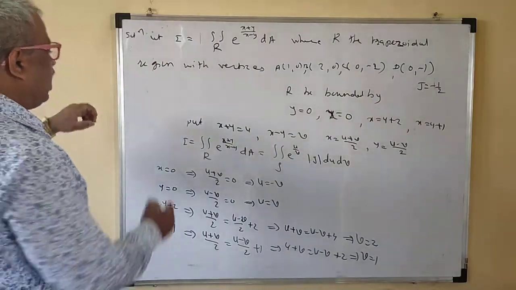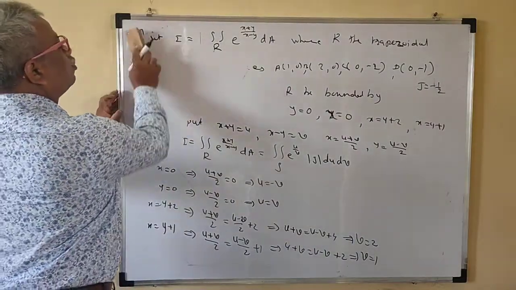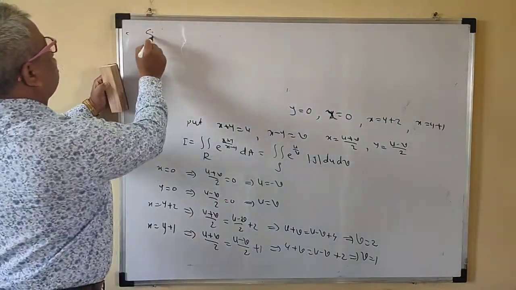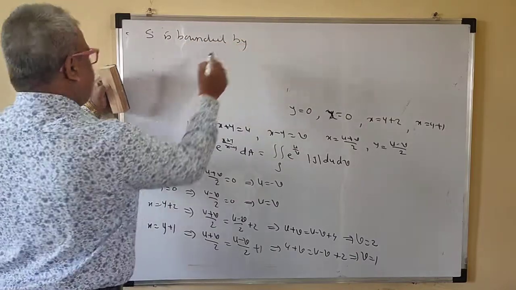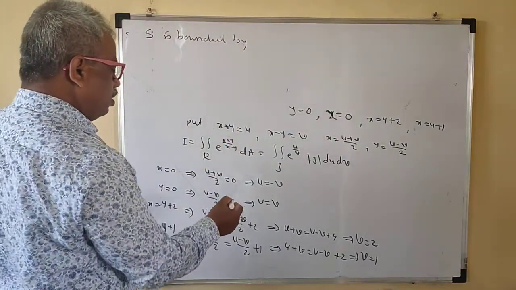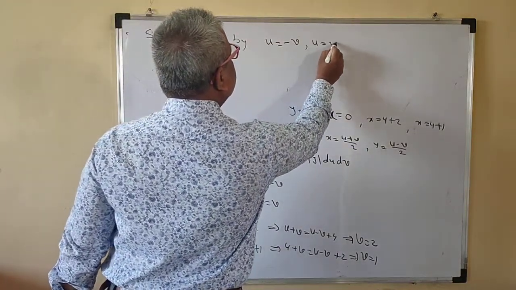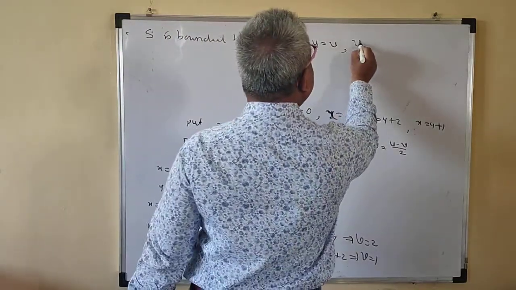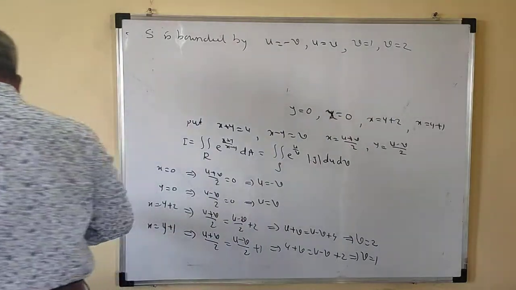So that means S is bounded by u is equal to minus v, u is equal to v, then v is equal to 1, v is equal to 2. Right?